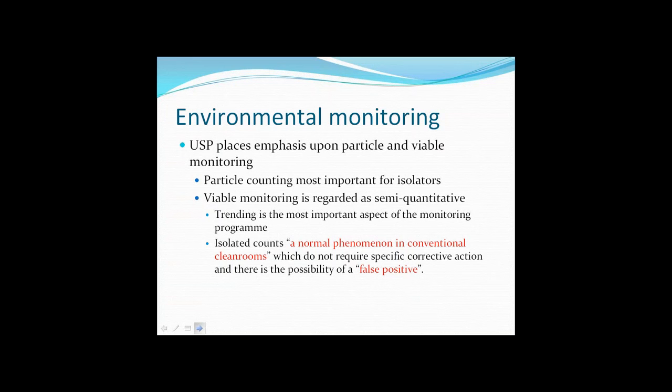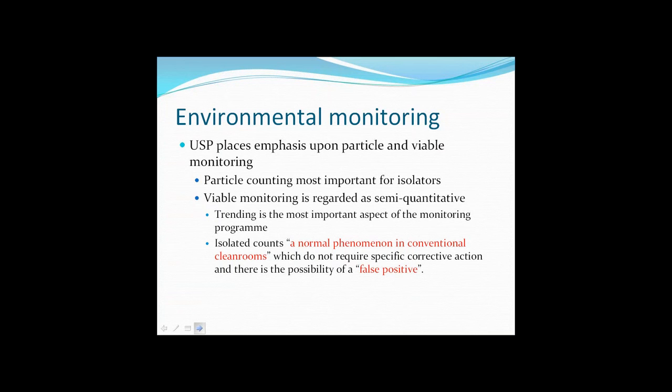In terms of viable monitoring, there is a lot of discussion about the relative inaccuracies of the methods, and I'll say something about that shortly. But it's useful to know that the USP considers all environmental monitoring methods to be semi-quantitative, and this contrasts a bit with some other guidances which might infer that, say, something like an active air sampler is a straightforward quantitative measuring device.